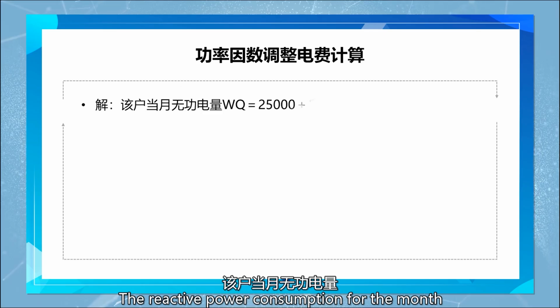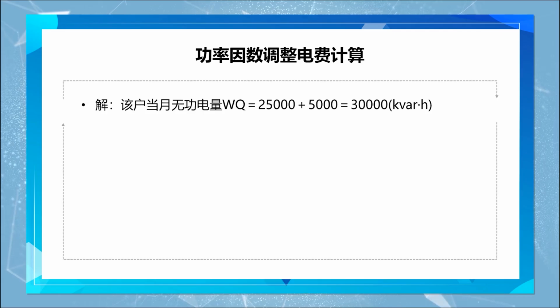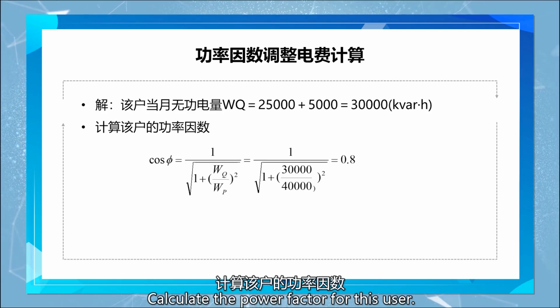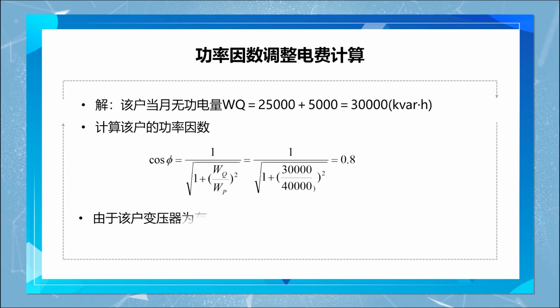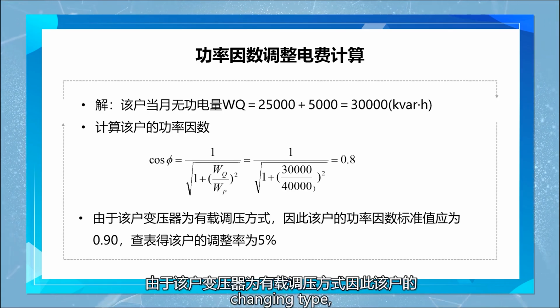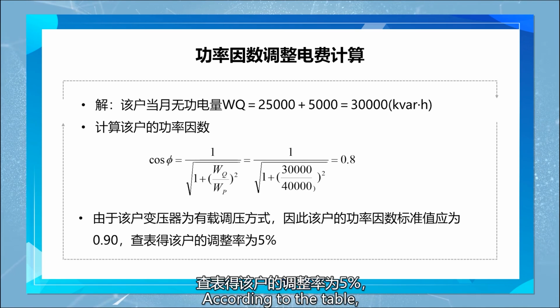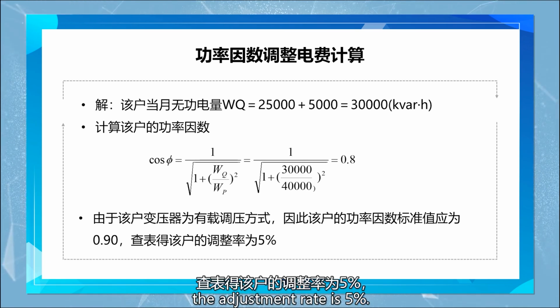Solution: the reactive power consumption for the month, WQ, equals 25,000 plus 5,000 equals 30,000 kilowatt-hour. Calculate the power factor for this user. Since the user's transformer is a load tap changing type, the power factor standard value should be 0.9. According to the table, the adjustment rate is 5%.